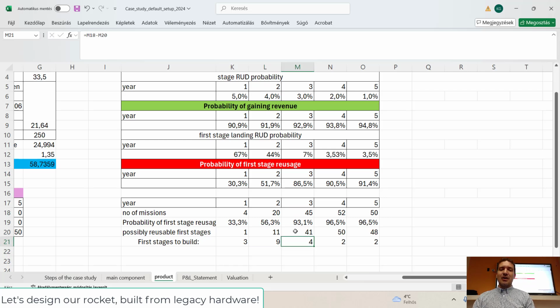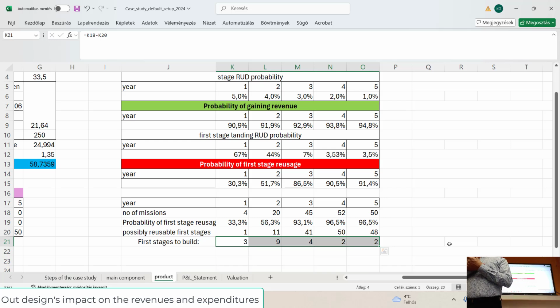And once the technology is much more reliable, more than 50% chance, our manufacturing need will decline rapidly. Which is great, because we will be able to cut a lot of costs while also increasing our revenues, because we get revenues from launches, but our costs will also be cut because of less manufacturing demand.